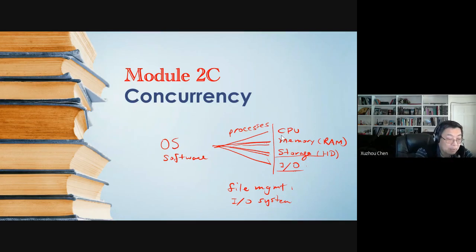That means they coexist in the system. In this case, we talked about how the operating system can manage this multi-programming environment, where multiple processes are running concurrently.